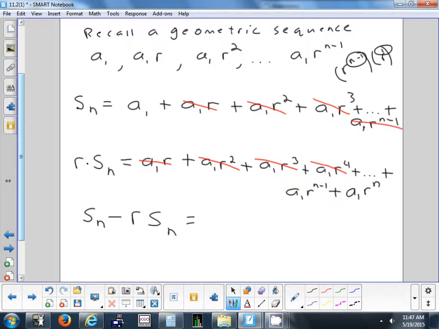When we subtract them, those are going to cancel out. So you're not left with very much. Okay? All you're left with is a sub 1 minus everything else in the top is gone, everything in the bottom is gone, except a sub 1 r to the n minus 1.